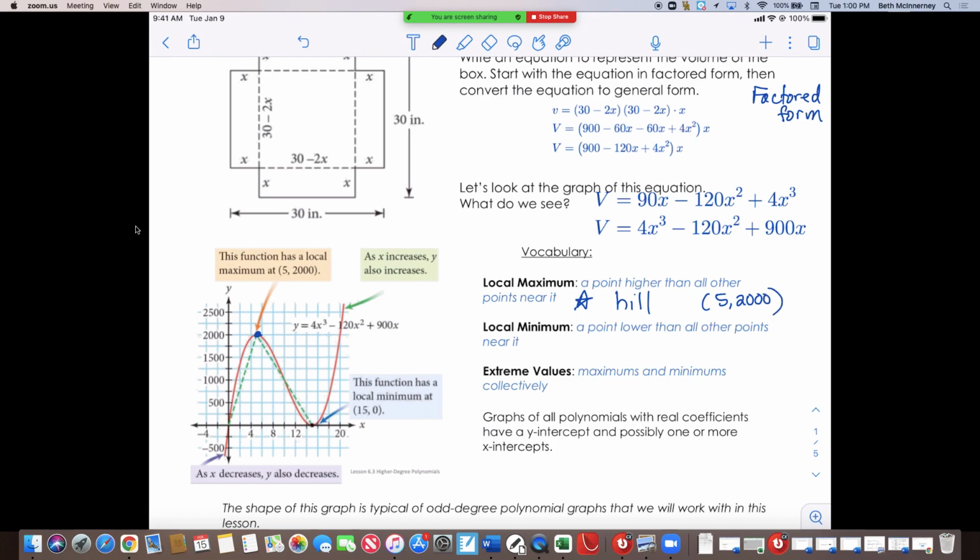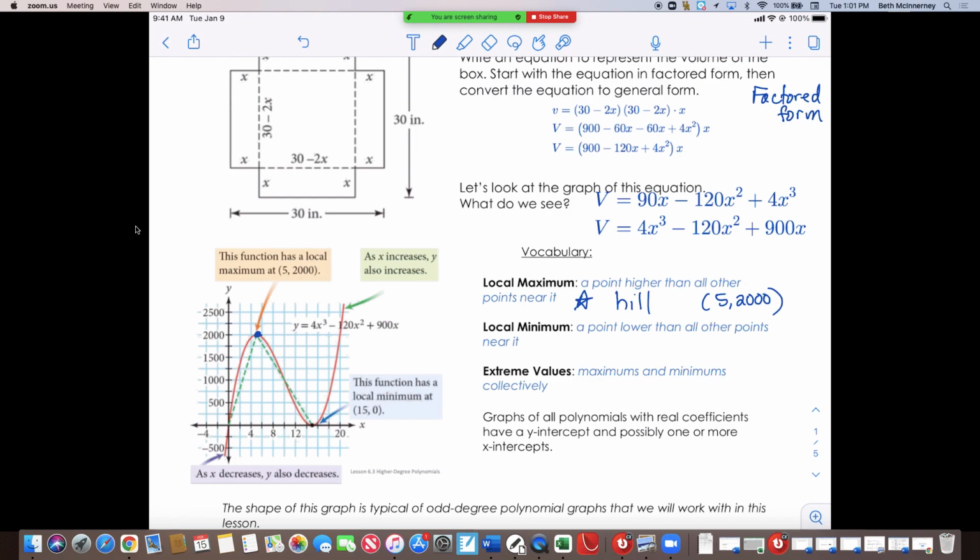That's the local maximum. There's a hill. A local maximum means if you look a little to the left and a little to the right, this point is higher than the points a little left and a little right, or in that neighborhood. Sometimes it's referred to as the highest point in the neighborhood of points. I think a hill is a nice description.